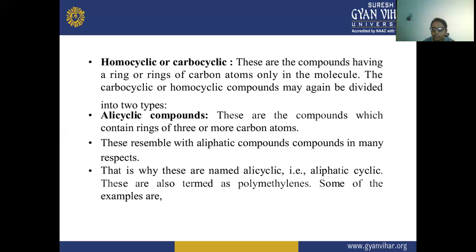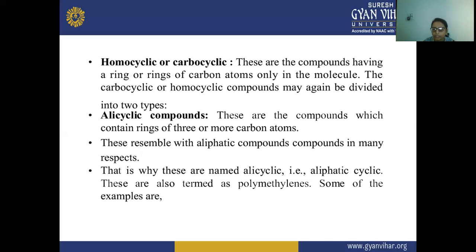Either they are shown like this structure or as a ring. Carbocyclic means they contain a carbon cycle, and homocyclic means they contain a single kind of atom in the cycle.